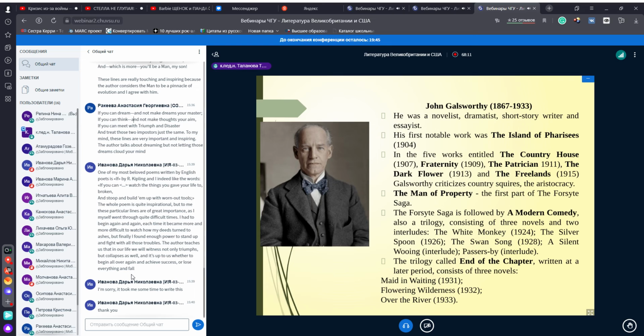And To Let. The Forsyte Saga is a great panorama of English life, and it was all about English life in the period of 50 years. So we can say that this is a family chronicle.